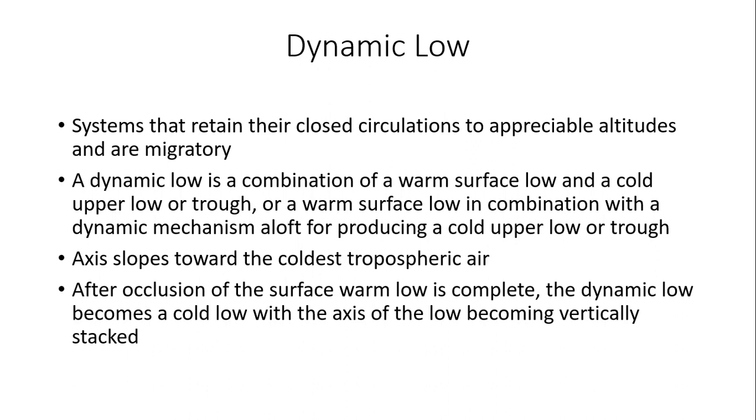A dynamic low is a combination of a warm surface low and a cold upper low or trough, or a warm surface low in combination with a dynamic mechanism aloft for producing a cold upper low or trough. With a dynamic low, the axis is going to slope towards the coldest tropospheric air, and after occlusion or weakening of this low, the dynamic low becomes a cold low with the axis of the low becoming vertically stacked.